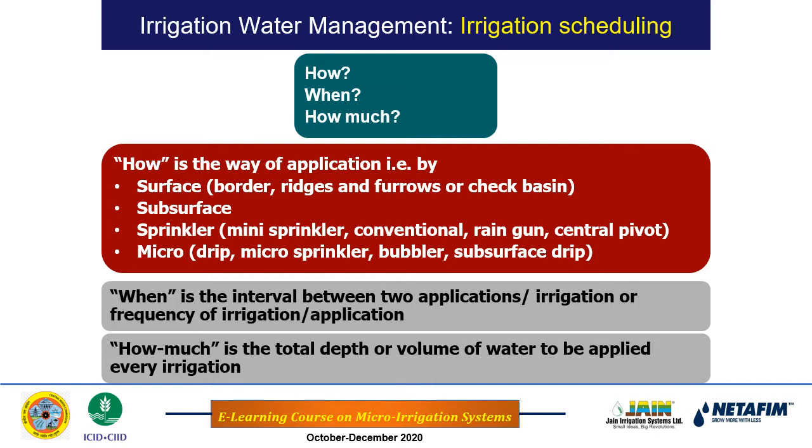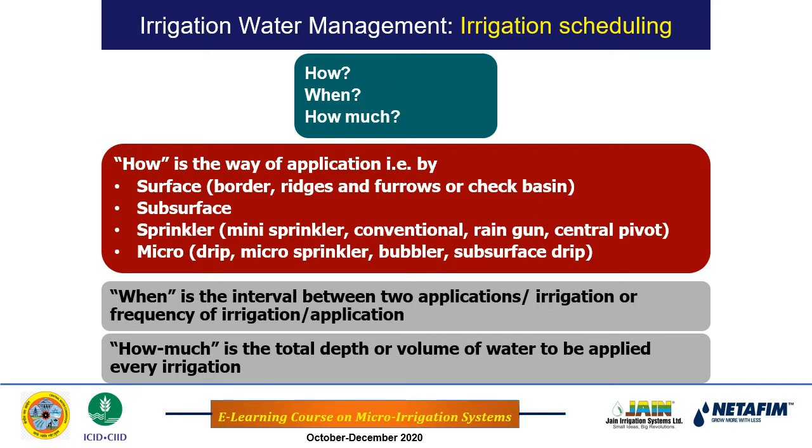The second part of irrigation scheduling is when to irrigate. Though this is not the topic of today's training lecture, when to irrigate means deciding the interval between two irrigations, or frequency of irrigation or application.